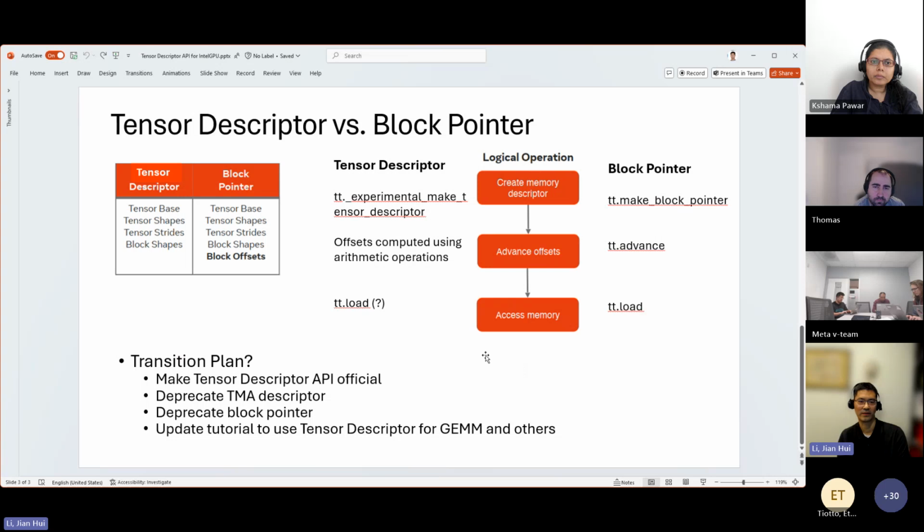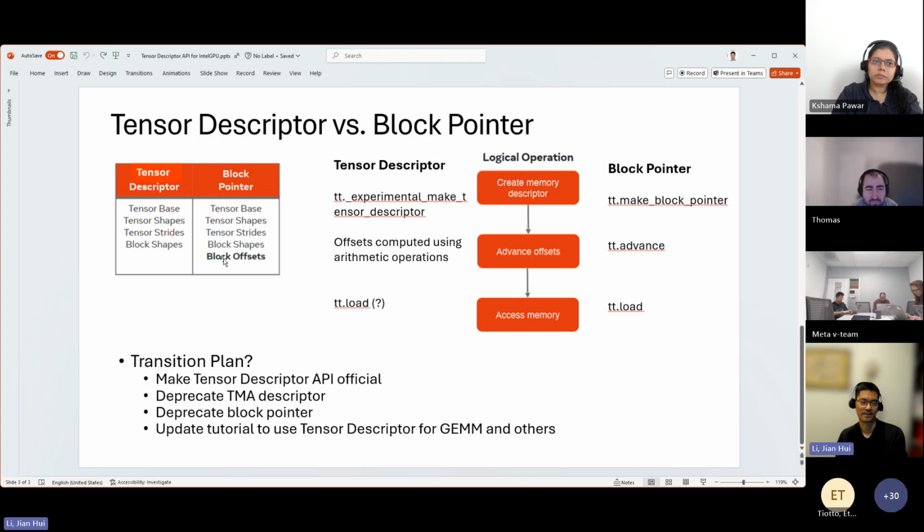I do also hear people ask a question. You said block pointer is hopeless, but if we compare these two things, this block pointer is just the tensor descriptor with an offset. Maybe there's also an order. So what's wrong?